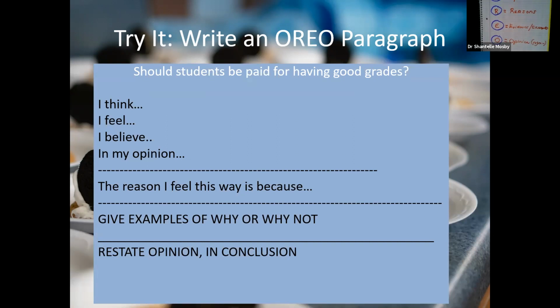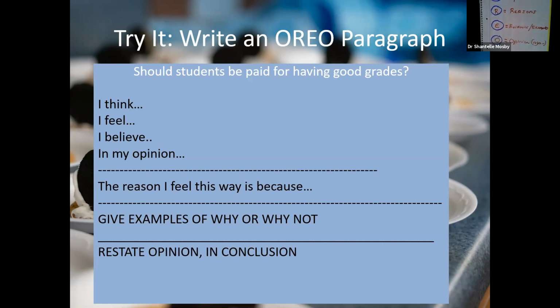What about you? How would you start off your sentence? You could start off with, I think, I feel, I believe, in my opinion. The reason I feel this way is because. Then you can give examples of why you feel this way or why not.